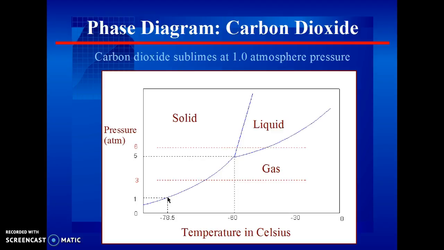Now, it is possible, even in the laboratory, to confine carbon dioxide solid, the dry ice, with the gas and let the pressure build up so that you actually see some liquid. This is possible in the lab.